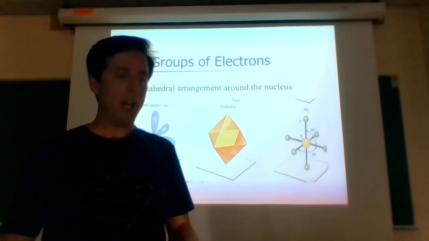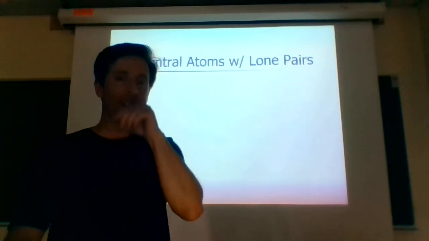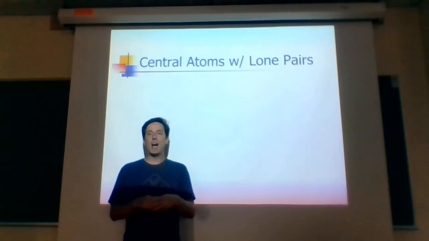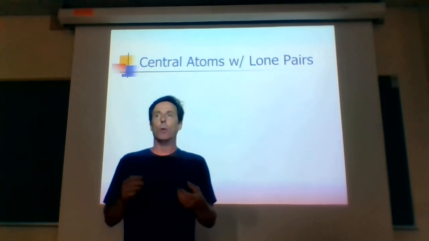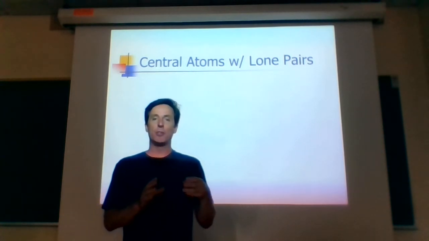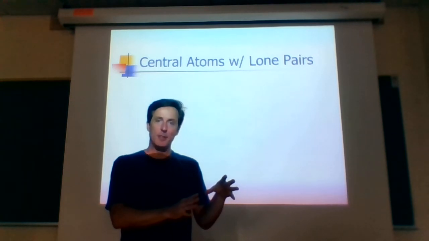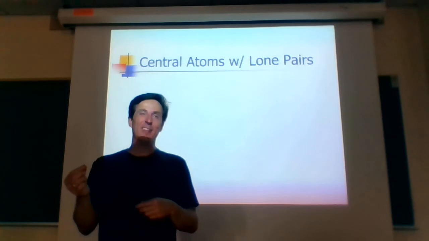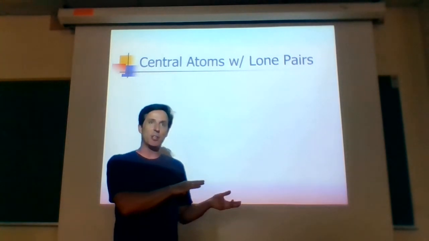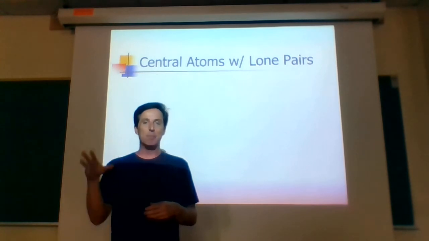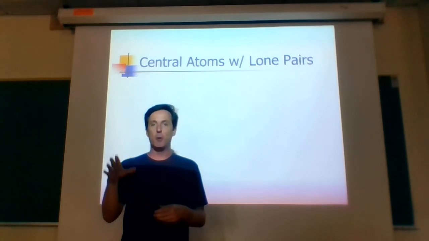Now, from that, we then have to think, okay, well, how can I vary that? When we think about the actual shape of a molecule, we tend to mostly focus on the atoms. And if the center atom has lone pairs, we're still going to use the same basic structure, but the lone pair is considered to be less important or something that I don't tend to focus on as much.